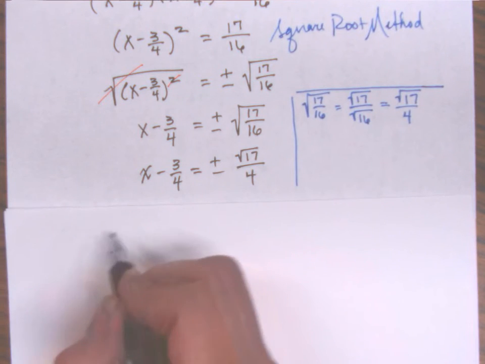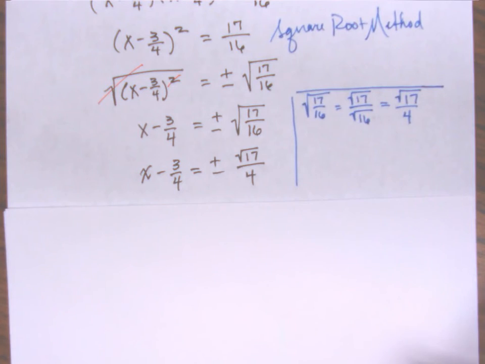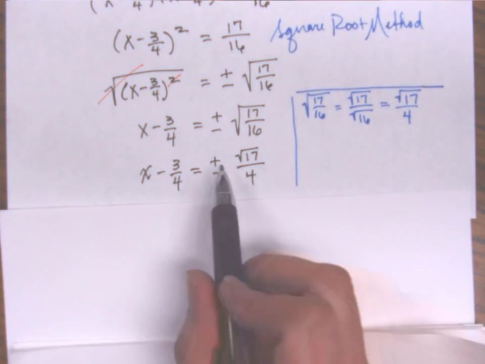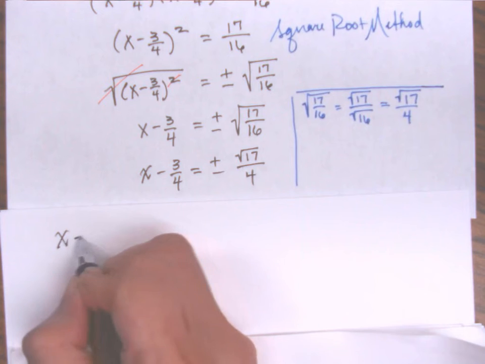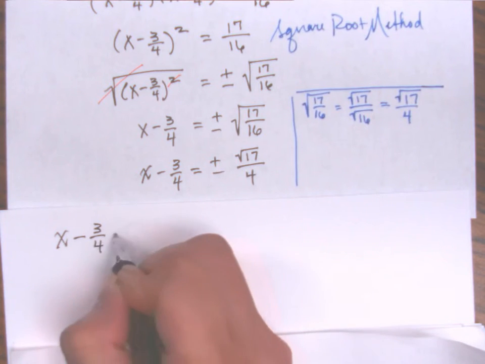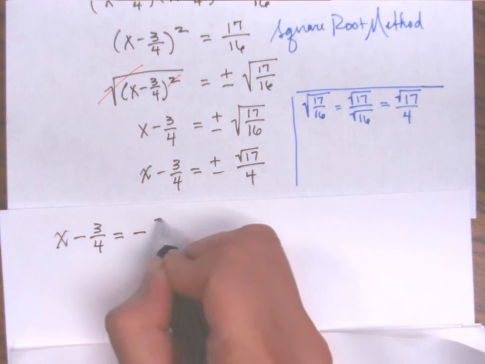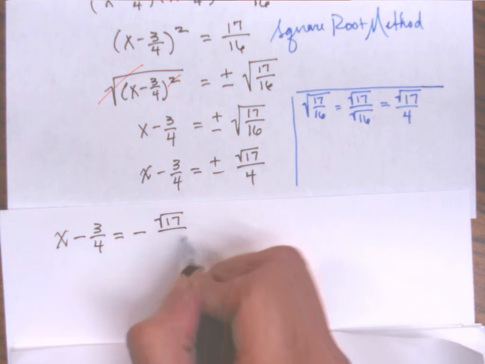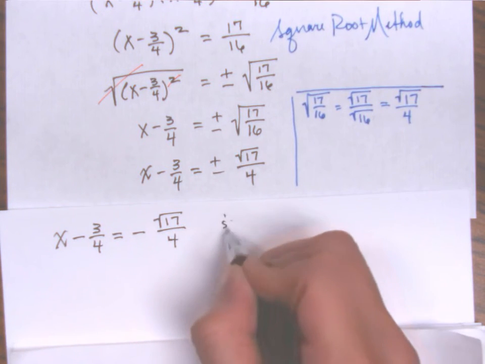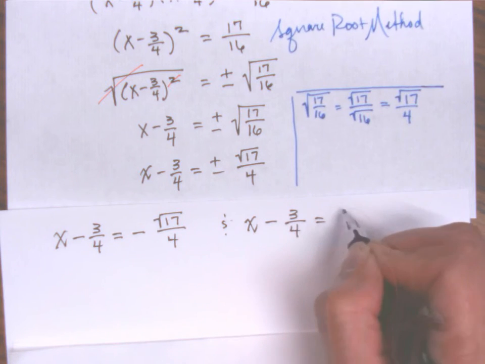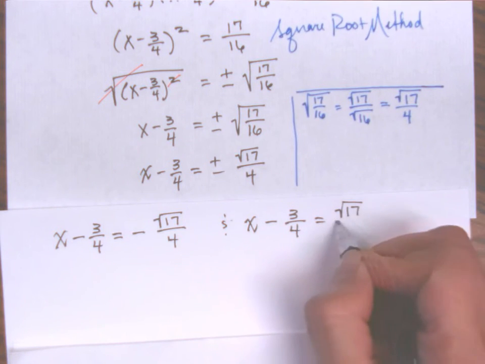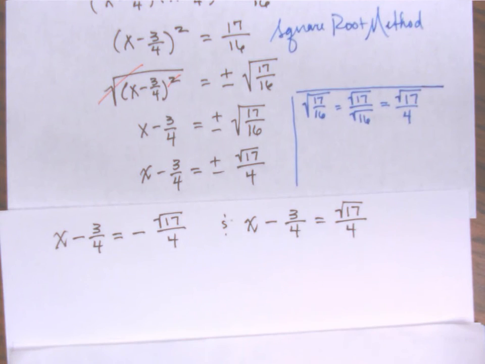So I'm going to go ahead and break this up into two different equations now because I do have two different solutions here with my plus or minus sign. So I have x minus 3/4 equals negative square root 17 over 4 and x minus 3/4 equals positive square root of 17 over 4.